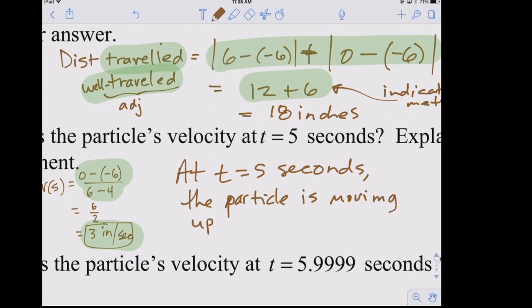Is there a difference, Mr. West? Is it upward or upwards? Oh, let's just say up. How about that? It's moving up at 3 inches per second. I would say it's moving upwards. No, I would say upward. Because upwards is kind of like when you get older. The price went up.